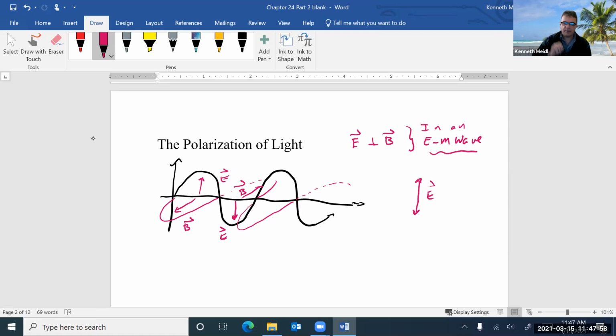And that's what we call unpolarized light. That's natural light. Light that comes from the sun is unpolarized light. The electric field has any kind of orientation that you can imagine. Light that comes off of a light bulb will be unpolarized light. So light that we find in nature will have the electric fields in all sorts of orientations.